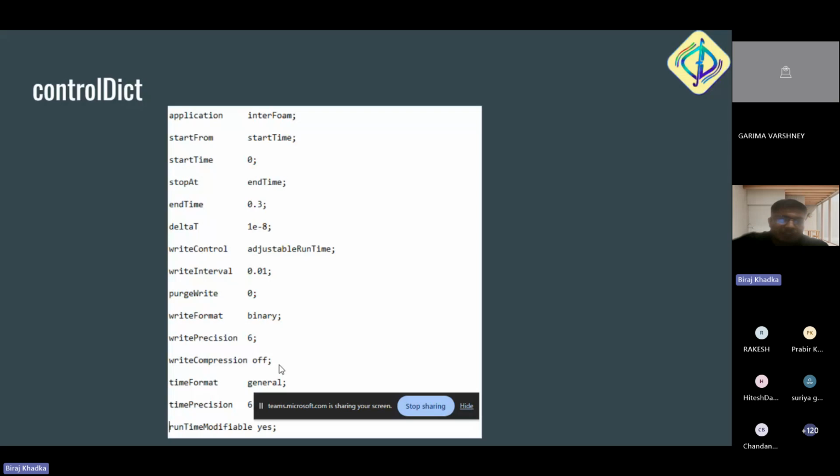Inside the controlDict, we have to define the application or the solver name, which is interFoam, and the start time is 0 and the end time is 0.3. The deltaT is the time step size, and runTimeModifiable means it ensures that we can change the solver settings during the runtime, and the write format is binary.